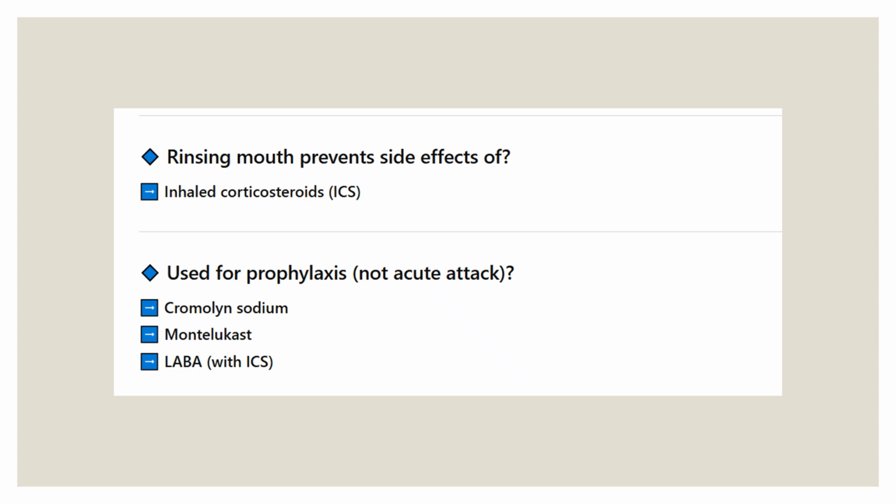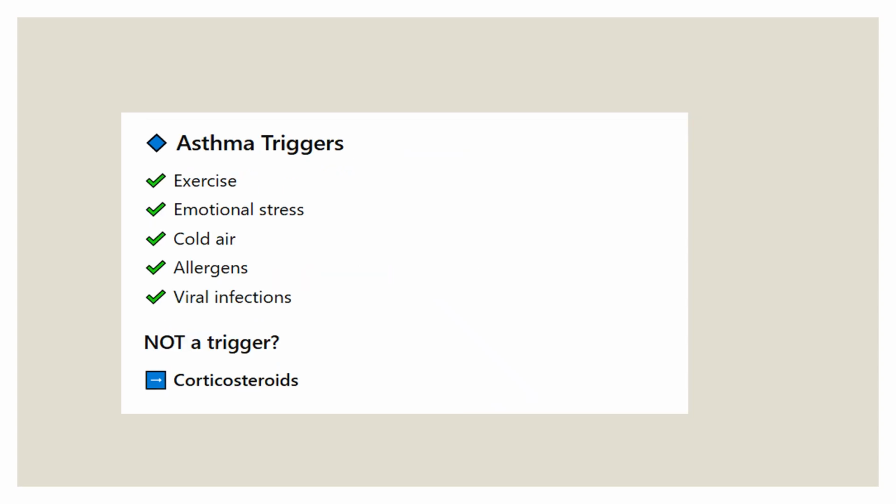So cromolyn sodium, montelukast, and LABA with ICS. And LABA we are never giving alone in an asthma patient. We are always using it in combination with ICS. Asthma triggers. So exercise, emotional stress, cold air, allergens, viral infections, all these trigger asthma.